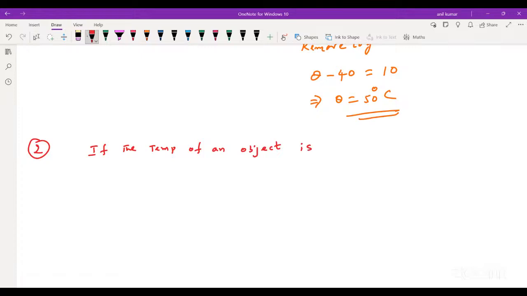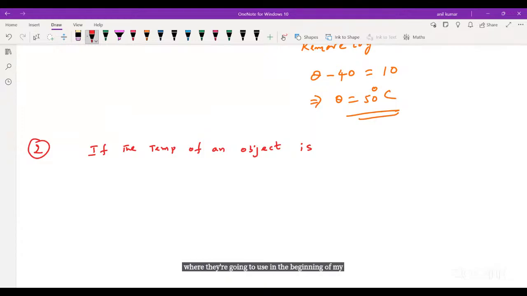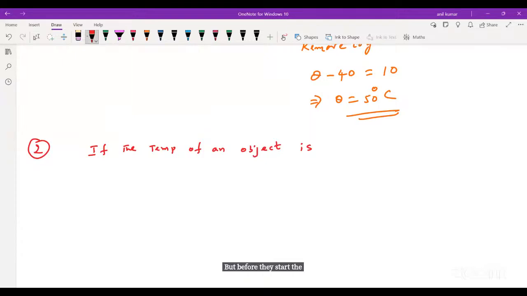Most people are interested to know while solving problems, at least some are curious, where they are going to use this. In the beginning of my presentation, I explained that the concept is used in metallurgy when the temperature of metals is decreasing, and also in forensic science. If there is a murder, the police will start the investigation, but before that, the forensic science people start collecting samples: blood samples, fingerprints, footprints.